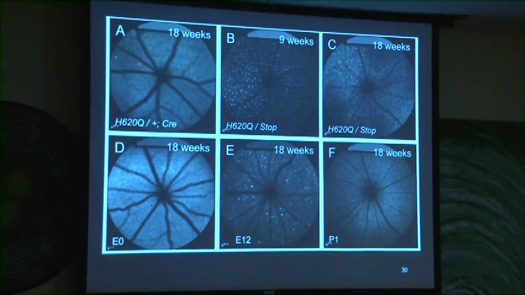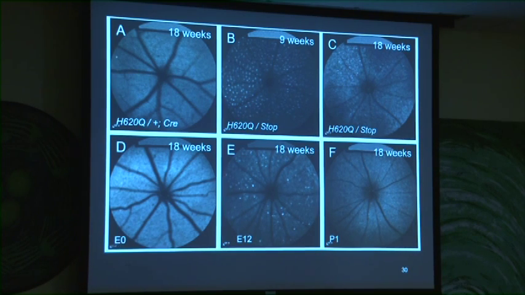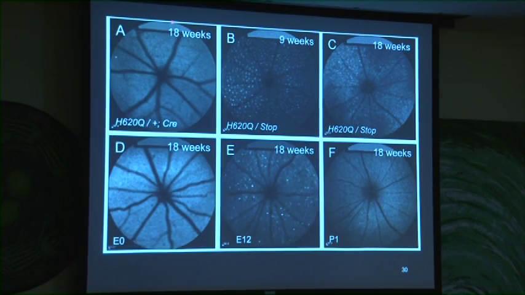So this is shown in a control mouse. This is autofluorescent imaging. This is a calibration bar so we can standardize the amount of autofluorescence in each mouse. This is a heterozygous, essentially a normal positive control, and this is a disease mouse with retinitis pigmentosa with no treatment, at an early stage and a little bit at a later stage.